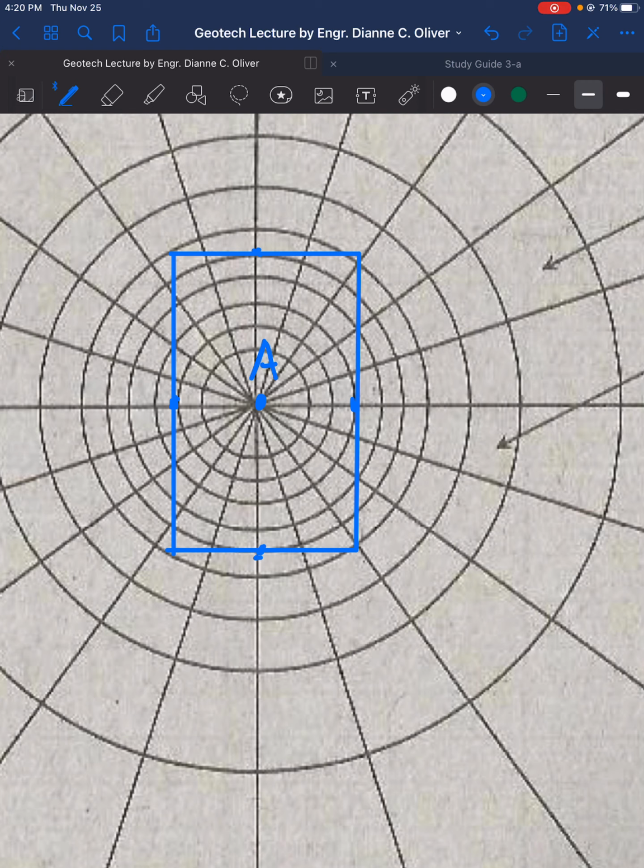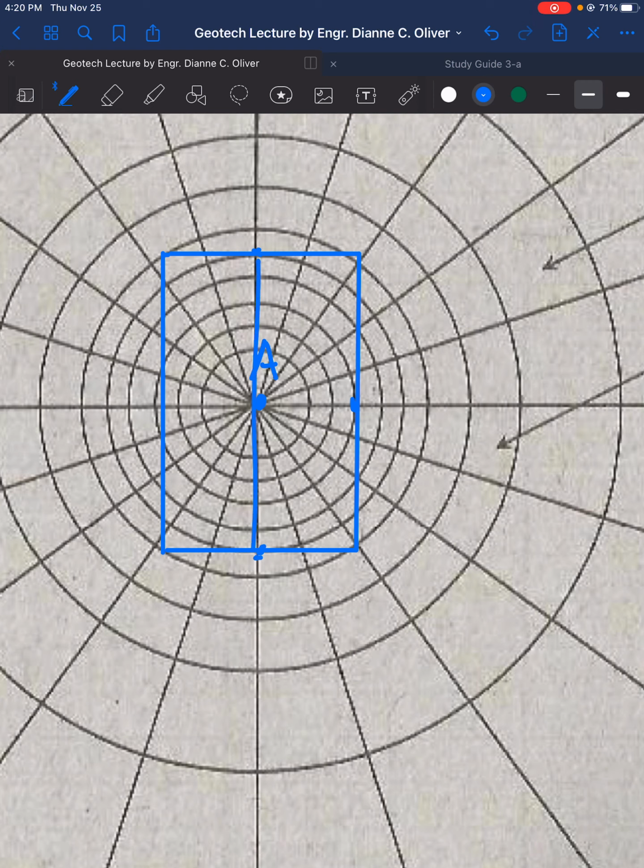Anyway, let's just think this is perfectly plotted. So you can see what I already missed here is that it's not exactly symmetrical. Okay, so let's just say it is symmetrical, right?